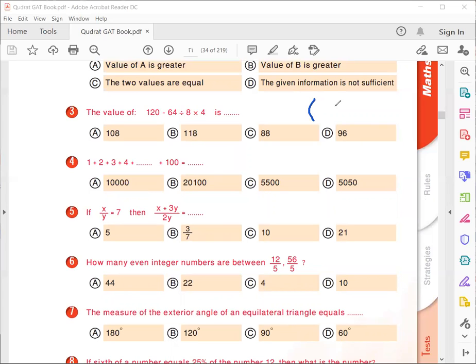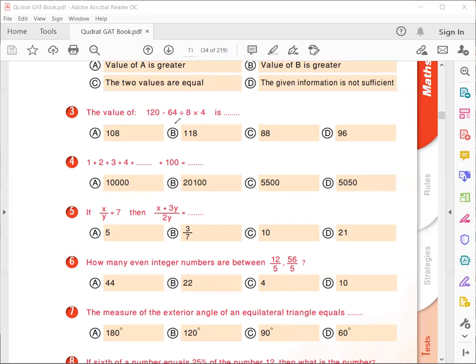With brackets, then powers and exponents, then multiplication and division. The last one is addition and subtraction. All right, you arrange the operations to do it.